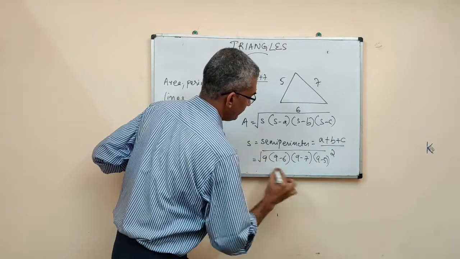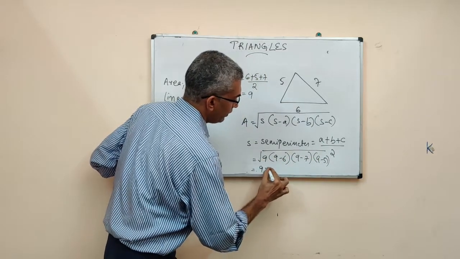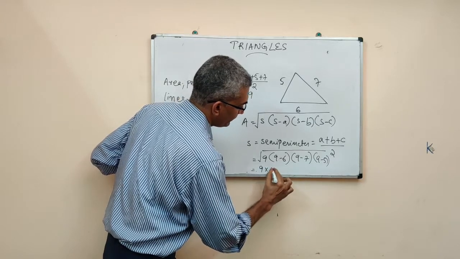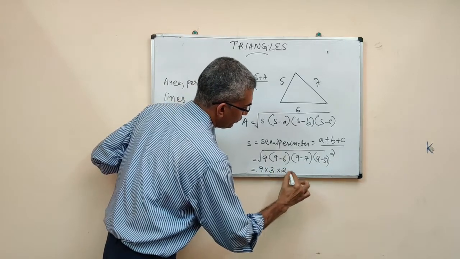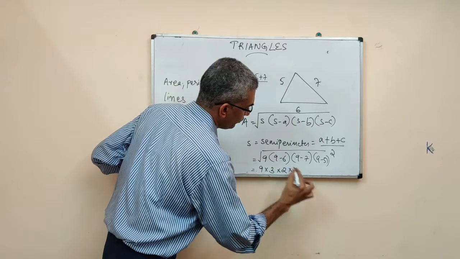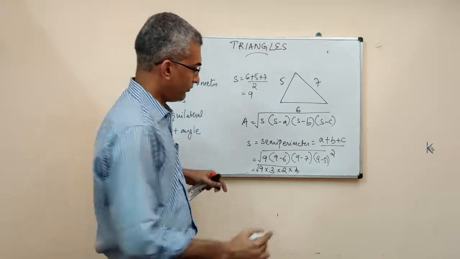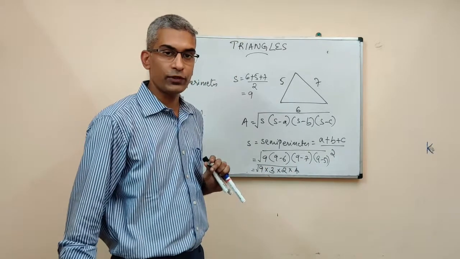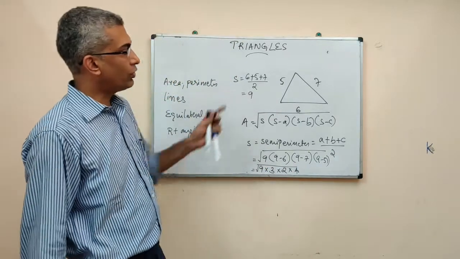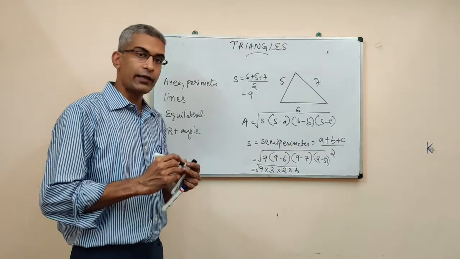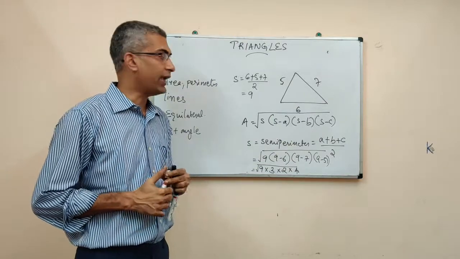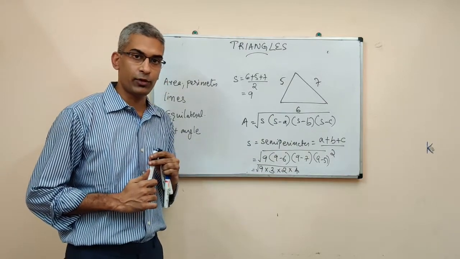So it will be 9 multiplied by 3 multiplied by 2 multiplied by 4, square root of that. 27, 54 into 4, square root of that. So if you know the three sides of a triangle, you will be able to find the area of this triangle using Heron's formula.